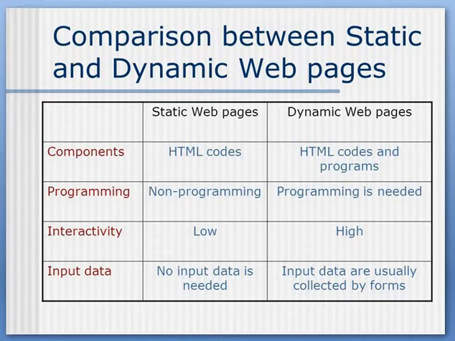In a static web page, interactivity is low, and in a dynamic web page, interactivity is high. In a static web page, no input data is needed, but in a dynamic one, input data is collected using forms. So this is the basic difference between dynamic and static web pages.